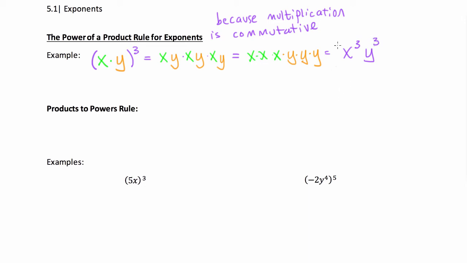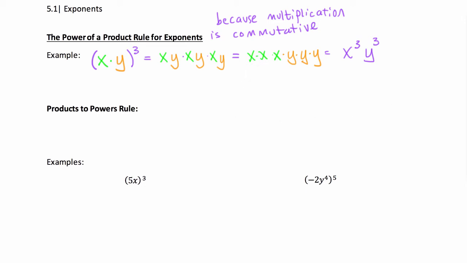So this looks a little similar to the distributive property, but what's happening here is I have multiplication inside these parentheses. If I have multiplication only, then that power goes to both of those things. And the reason that that happens is because of this repeated multiplication.